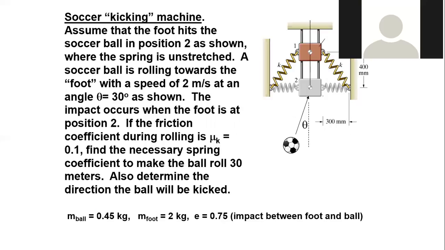Well, what's happening during that rolling of 30 meters? There was impact, and then there's rolling friction. Yeah. So during that 30 meters, what's the only thing that's slowing it down? Friction. Okay. So we've got 30 meters, and what do I need to know at the very beginning? The velocity that will get it that way. Yeah. Whatever you want to call that, let's call it V3. So could you solve for that?